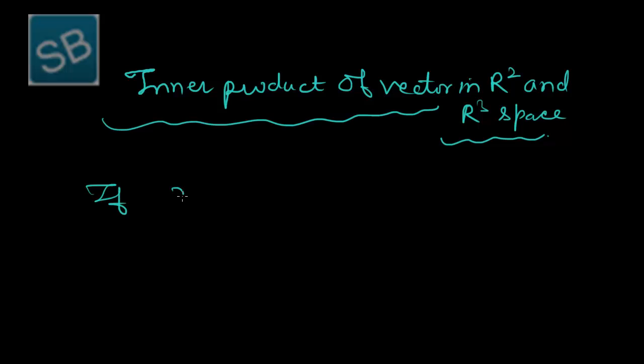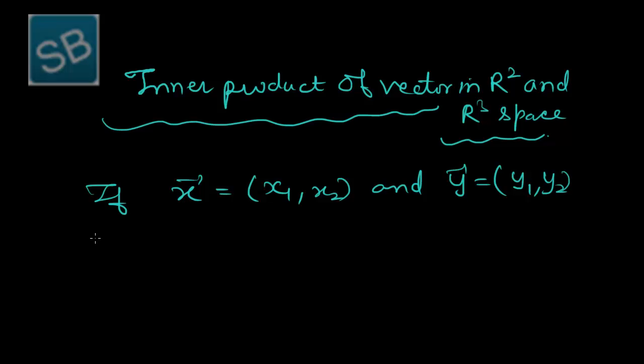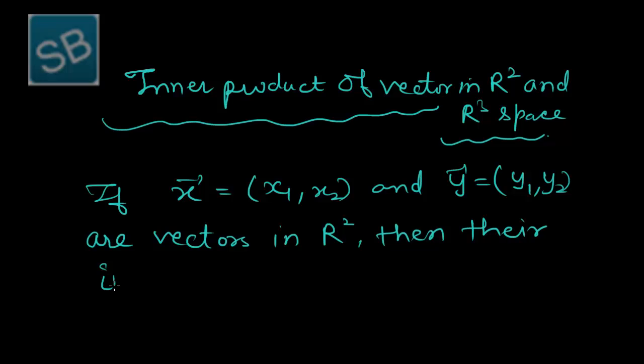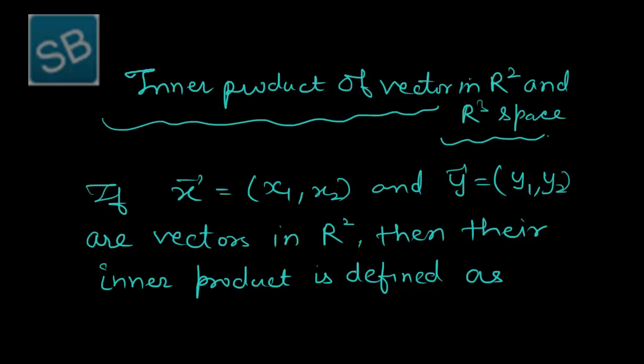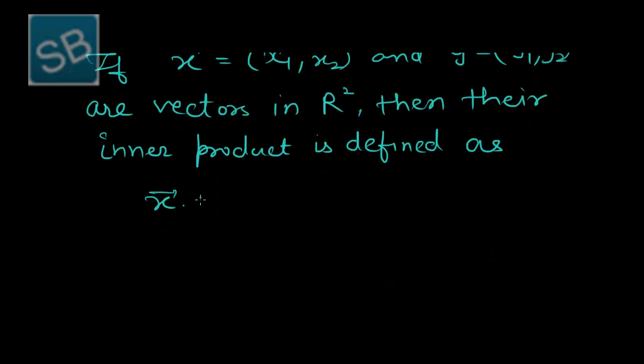If vector x is equal to x1, x2 and vector y is equal to y1, y2 are vectors in xy plane, that is R square, then their inner product is defined as x dot y is equal to x1 y1 plus x2 y2, that is also called dot product.